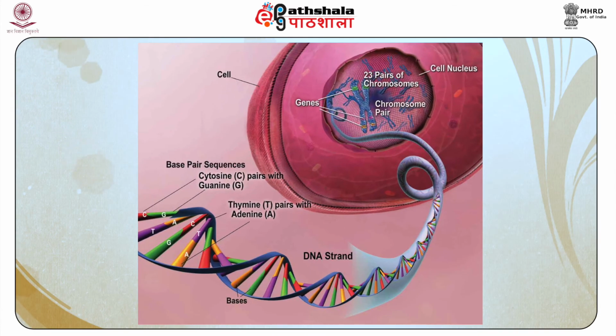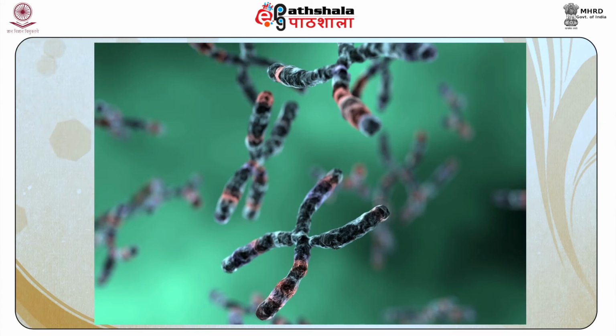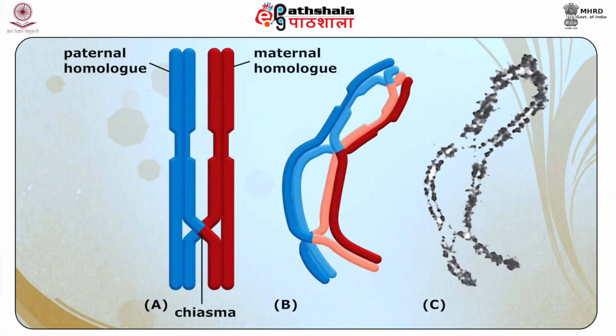Two types of gametes are possible when following genes on the same chromosome. If crossing over does not occur, the products are parental gametes. If crossing over occurs, the products are recombinant gametes.